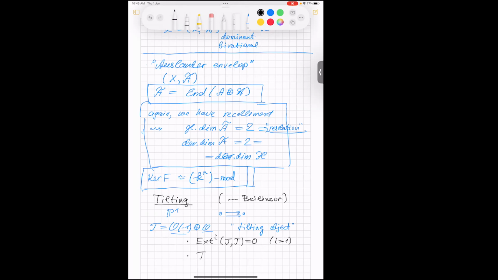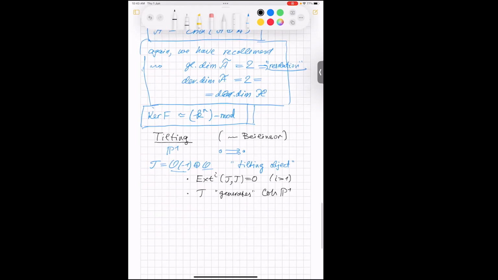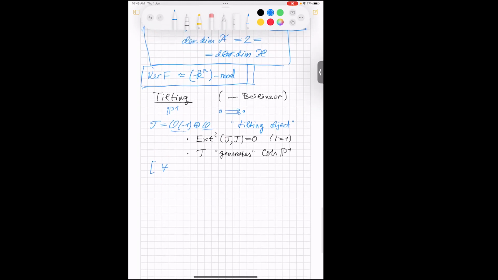And T, in some sense, generates the category of coherent sheaves, in the categorical sense.